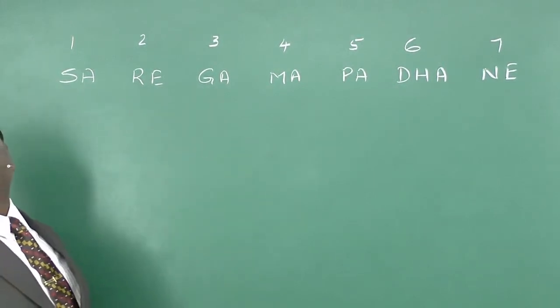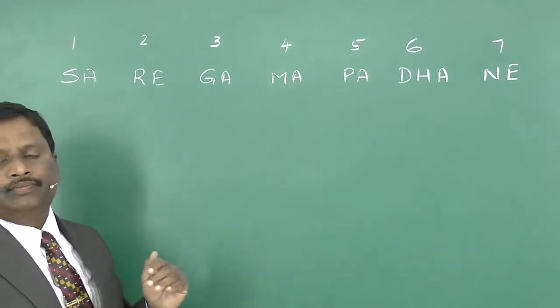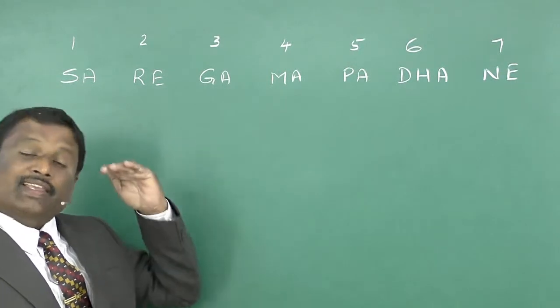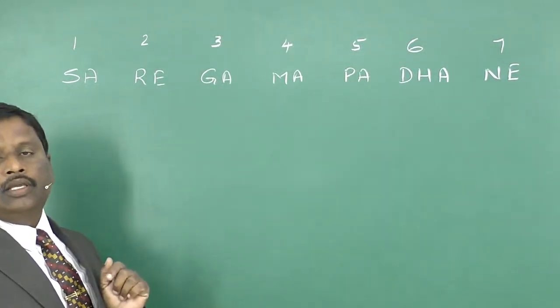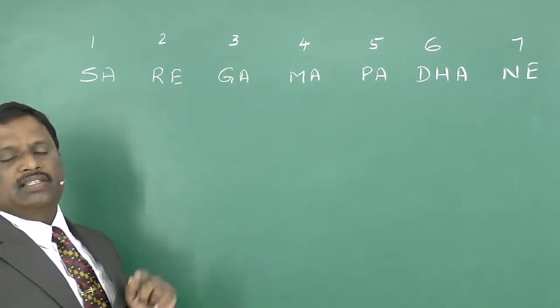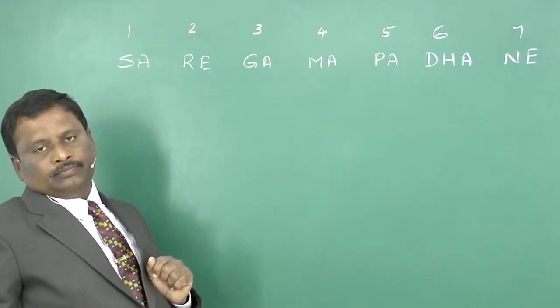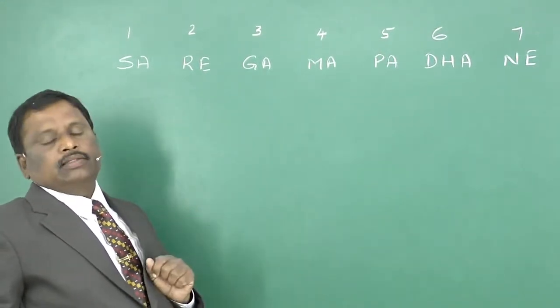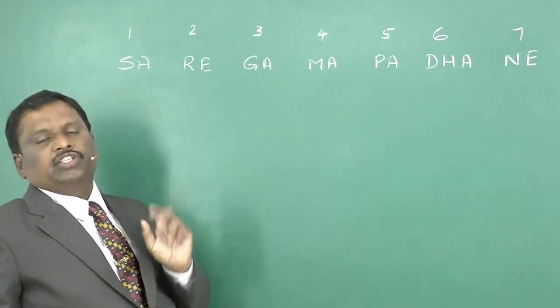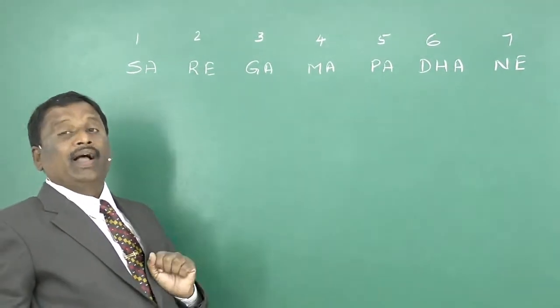Similarly, when elements are arranged in increasing order of their atomic masses, every eighth element resembles the first element in its properties. Taking this into view, he arranged the elements in a systematic manner.